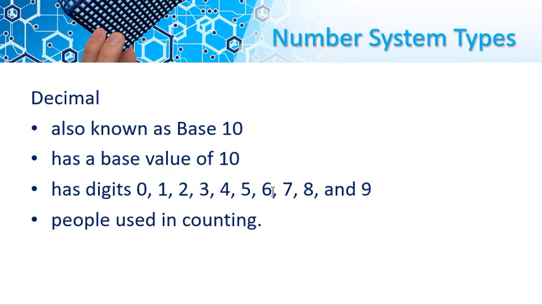If we count them, there are a total of 10 digits. Decimal is what we usually use as humans, for counting money: our allowance, paying for electricity and water, counting the bills.